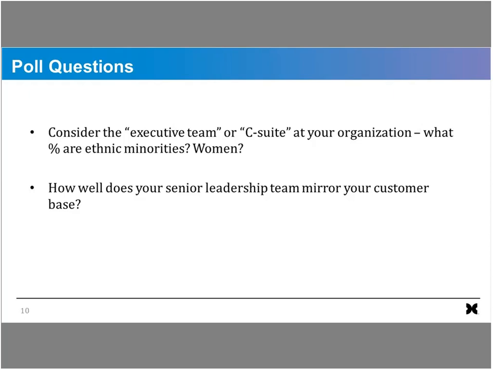And there you go. Click on that. Go ahead and click on the first one, which is about women. What percentage of women are there? And then the second one is about racial diversity. Click your answers. Once you've clicked each of those, make sure you hit the submit button in the lower right-hand corner of the screen.